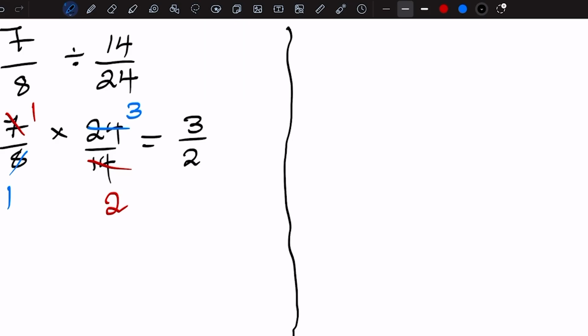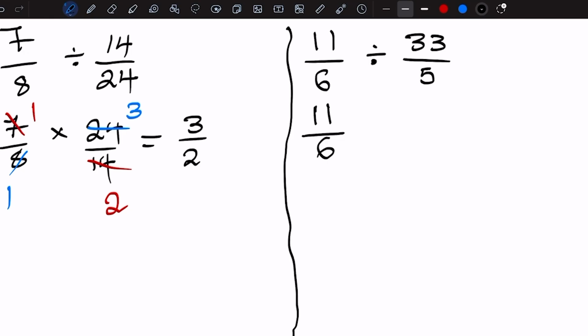Alright, so let's say we have 11 over 6 and that's going to be divided by a 33 over 5. We're going to do this again. What are the steps again?